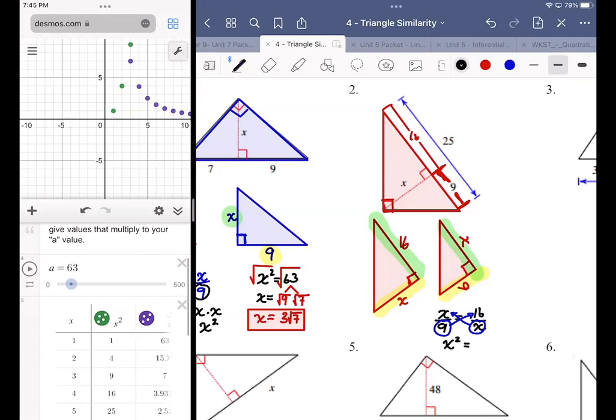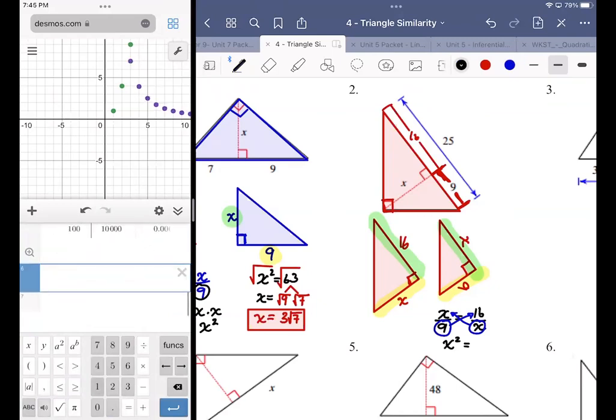Why did I blank on that? I don't know. 144. Okay. I don't know why I thought it was 151. Oh, because I subtracted 9 instead of 16. Okay. That was more for my own personal pride. So take the square root of both sides. The square root of 144 is going to be 12. So you get X is equal to 12.